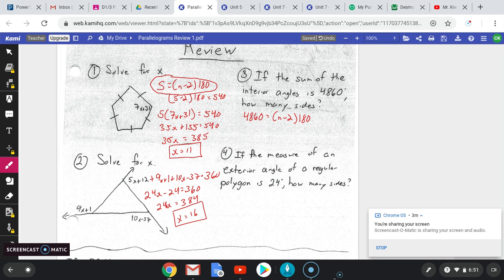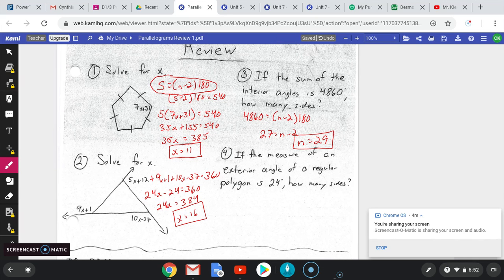Then I divide each side by 180, and I get 27 equals n minus 2. So the number of sides equals 29.